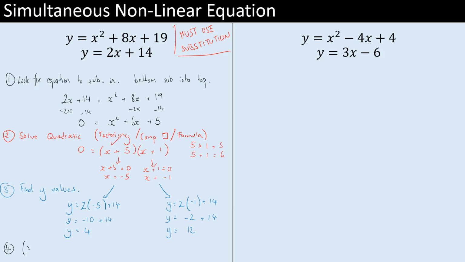For instance, I would say negative 5, 4, and negative 1, 12 are solutions. Okay, and in our next video that I was mentioning about before, we'll explore what that actually means, okay?